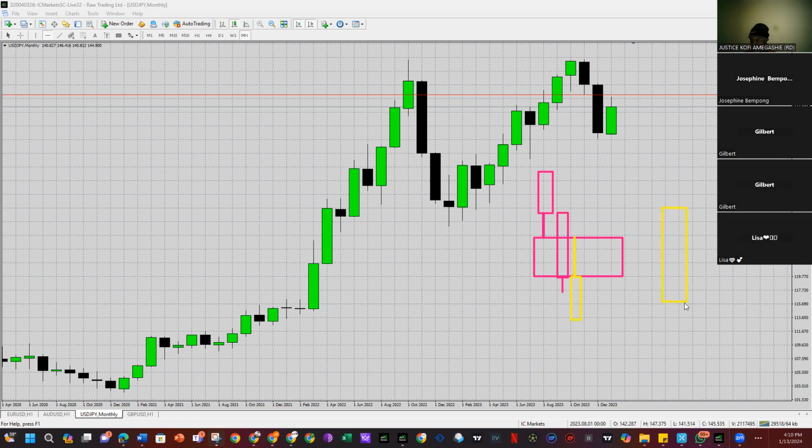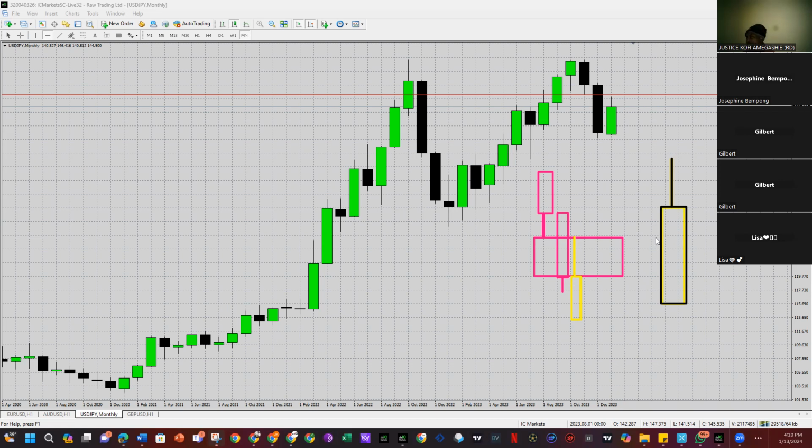So at the end of the month, we should see a candle like this, which should be black. Yes, so at the end of the month, this green candle should turn like this.